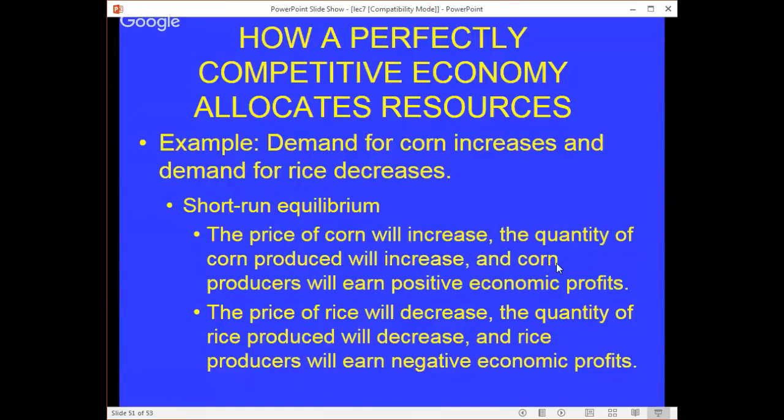Now, over here, I assume that corn producers are now making an economic profit. What that means is more corn will be produced, either by people entering the market, as we assume, or corn farmers just dedicating more acreage to corn.